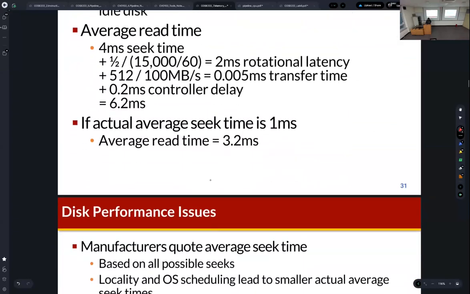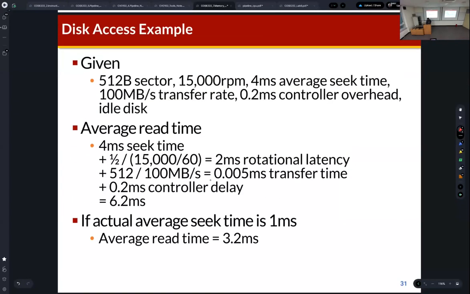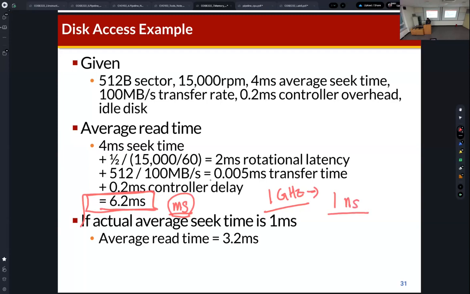So just ignore this, and then just this number. So what is the average read time for this example? Is the millisecond. Okay, so if we use the 1 gigahertz CPU, then clock period is the 1 nanosecond, and then 6.2 milliseconds.